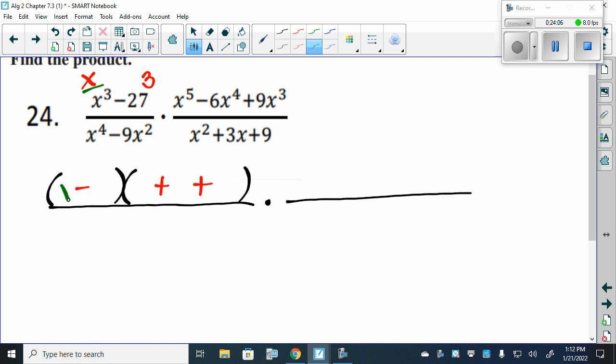So here we would have x. Here we're going to have x squared. X to the first, and then our term without x. Then we can plug in our 3's. So here would be 3. Our middle one would be 3 to the first, and then the last one would be 3 squared.